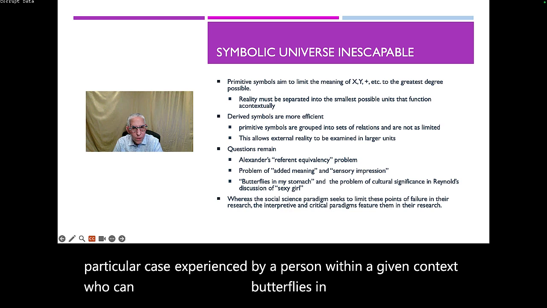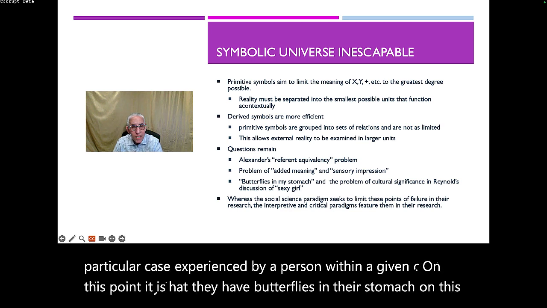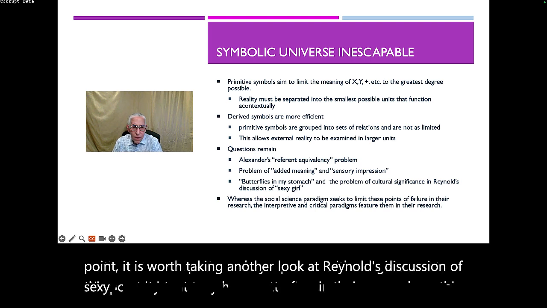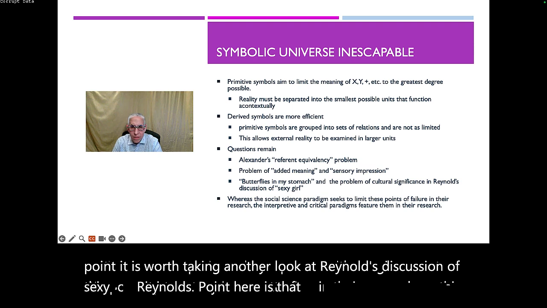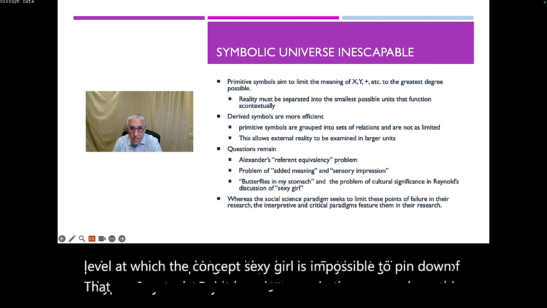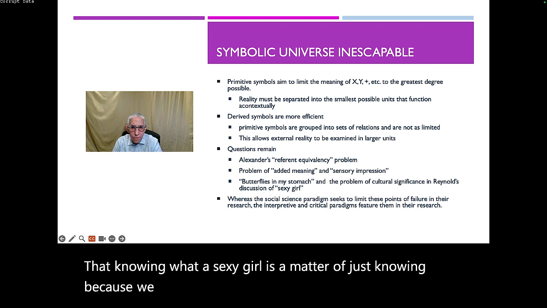On this point, it is worth taking another look at Reynolds' discussion of sexy girl. Reynolds' point here is that there is some level at which the concept sexy girl is impossible to pin down, that knowing what a sexy girl is a matter of just knowing because we share a cultural milieu.